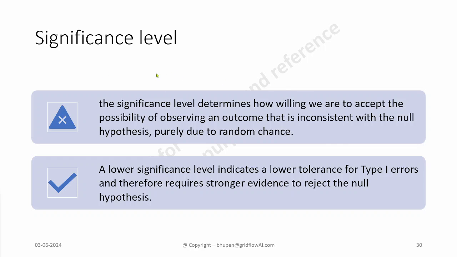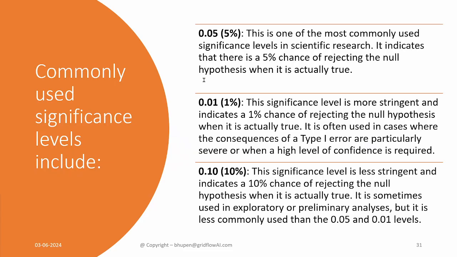So for that 5%, we have to compute the critical value, which is nothing but a statistic, and then we compare it with the computed statistic to make a decision. Commonly used significance levels are 5%, 1%, or 10%. Depending on the problem statement and how much error you can really absorb, you set the significance level.